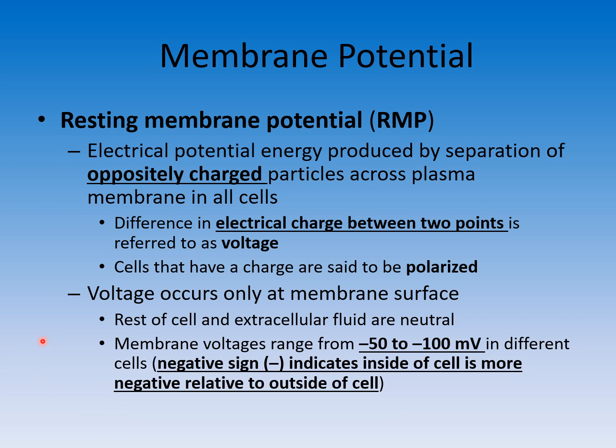So you have more plus charge outside the cell than what's inside the cell. So along the membrane, we can actually measure what those charges are and measure what the voltage is, the difference between the points. And depending on the cell, it ranges from -50 to -100 millivolts.